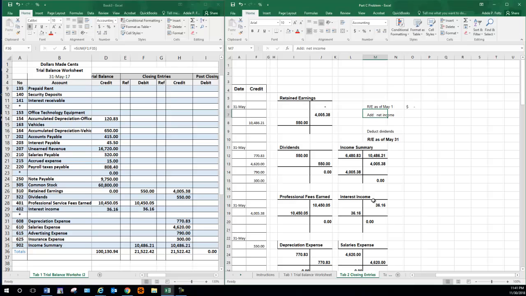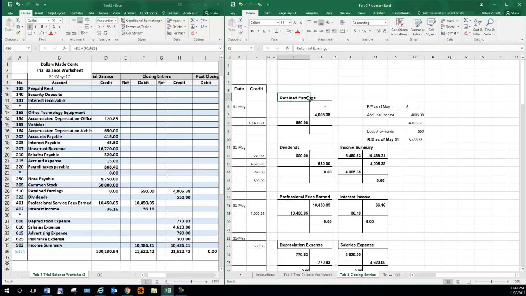Net income is revenue less expenses. That should have been, when you do your income statement, 4,005. And then we add these two together. It's the only number that we are not required to have a label on. And we deduct our dividends, which were 550, and we come up to our ending balance of retained earnings.